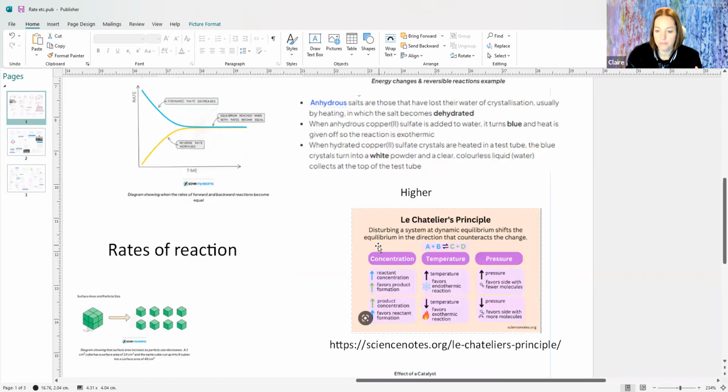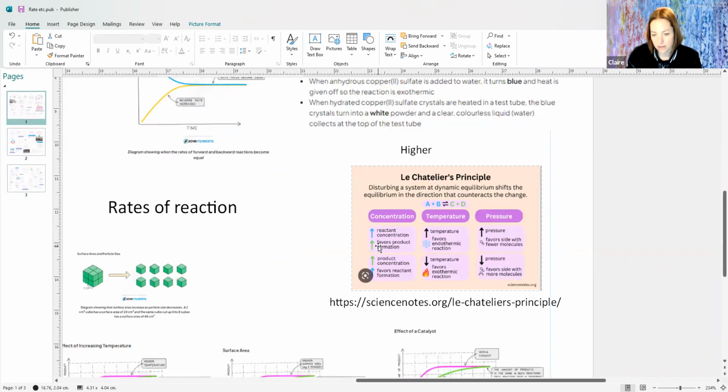With reversible reactions, higher students, not foundation, as well as separates, obviously, you will need to know about Le Chatelier's principle.